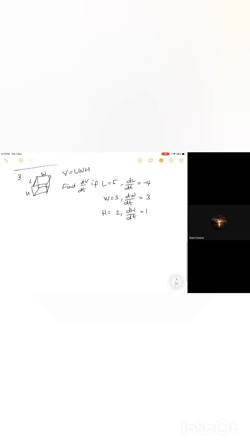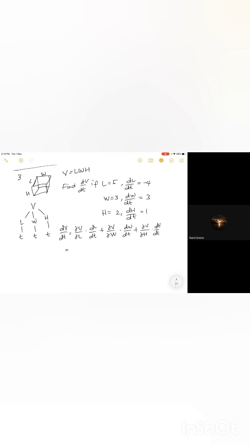So means you buat tree diagram, dalam V awak ada L, ada W, ada H kan. Dalam L tu ada T tadi, dalam W ada T, dalam H ada T. Okay, so you nak cari dV dt ni, so you kena cari dV dL times with dL dt plus del V tadi L W pula, so dW dt plus H pula.